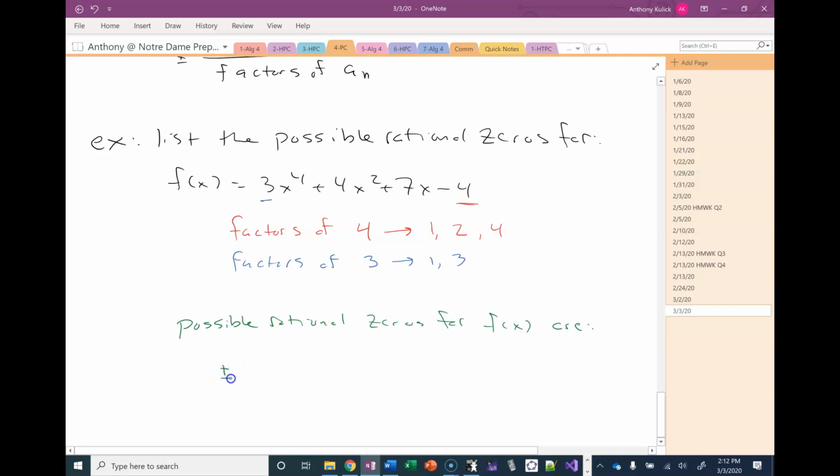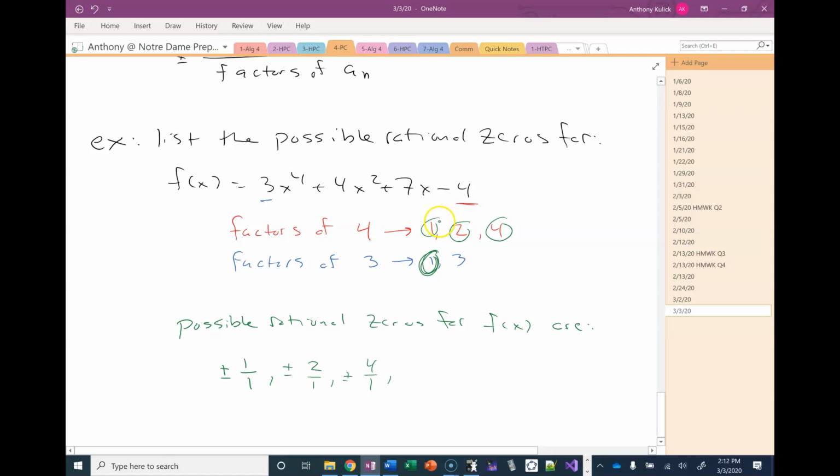So I would have plus or minus 1 over 1, and then plus or minus 2 over 1, then plus or minus 4 over 1. Everybody's okay there? Yes, it is.